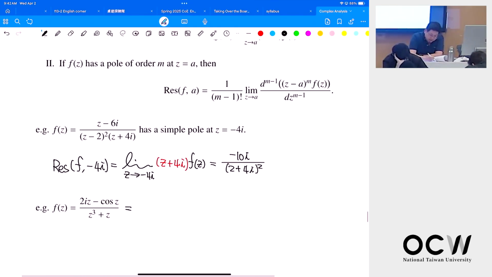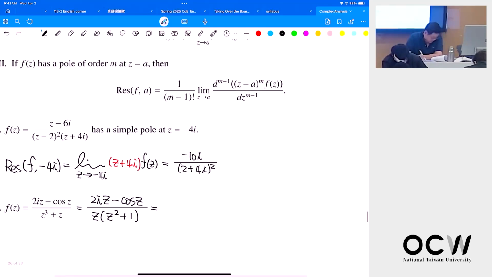So to get these 3 poles, we have z times (z squared plus 1), and 2iz minus cosine z. We simplify it to see the 3 poles: z, z plus i, z minus i, and 2iz minus cosine z.